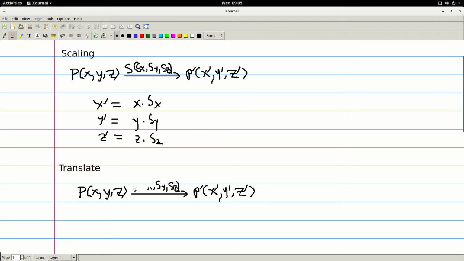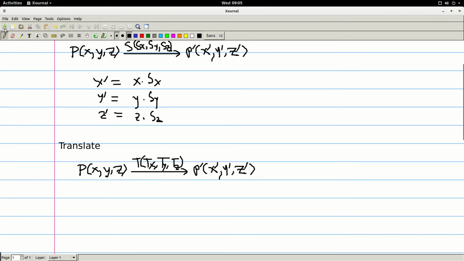So what we're doing over here, we have the same sort of scenario that we have a point with coordinates x, y, and z, and we want to move to another point, P prime. But this time around, we're going to translate, and the translation amount is given as Tx, Ty, and obviously Tz. Okay. So how do we find the formula for these things?